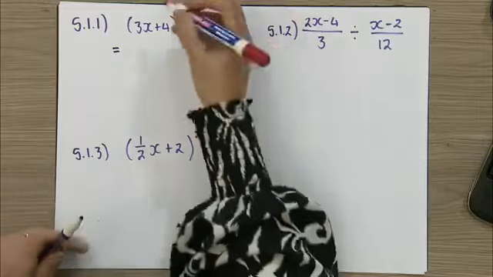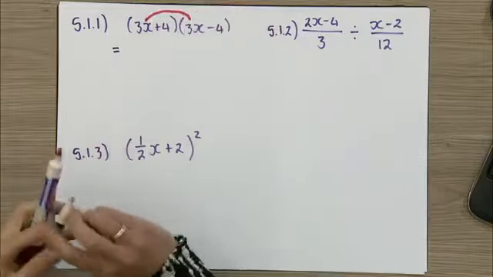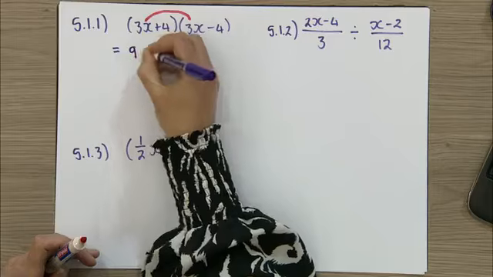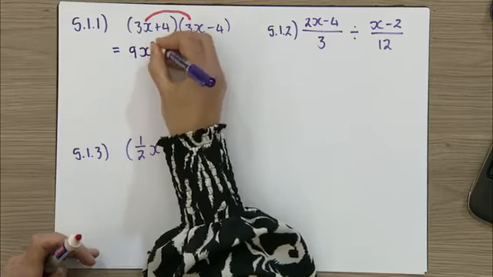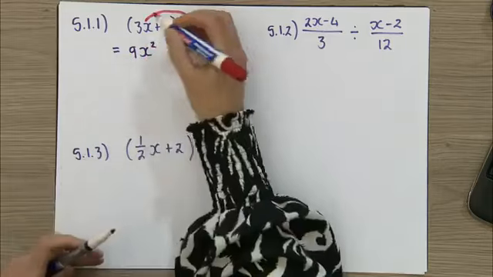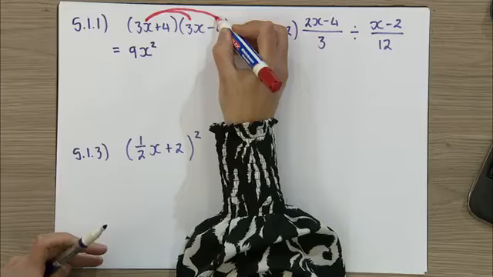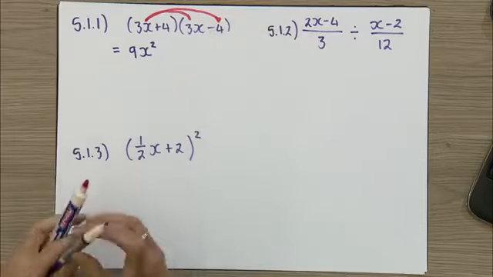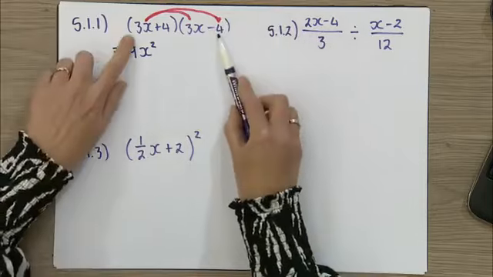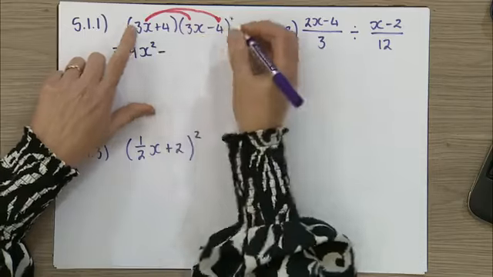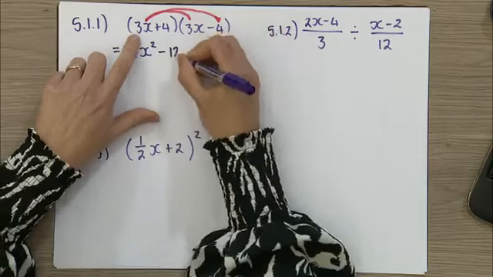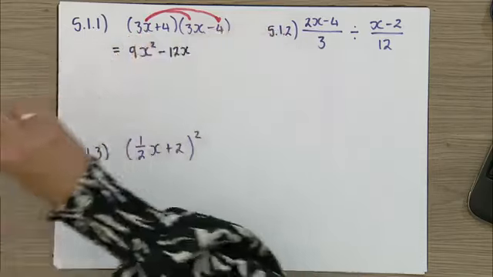So, if I go 3x times 3x, that is 9, x times x, x squared. Then 3x times negative 4. A positive times a negative is a negative, and 3 times 4 is 12, and x.